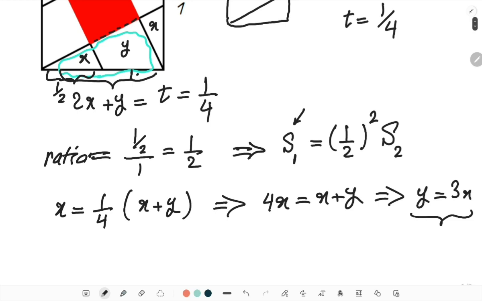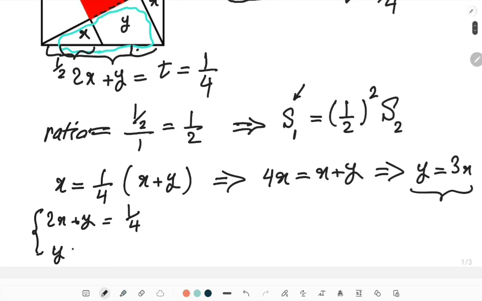Amazing. So I put them into one set of equations. I have 2x plus y equals 1 over 4, and then I have y equals 3x. Let's see how we can solve this. I just have to replace y in the first equation.